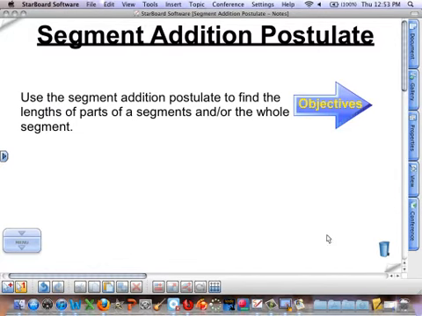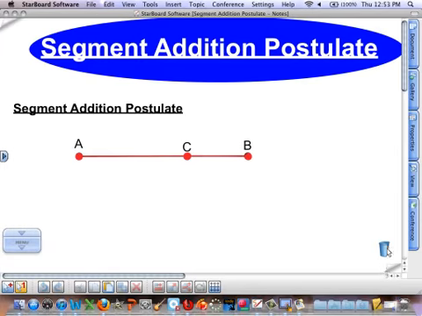Let's go ahead and take a look here at the concept behind this. And like I said, it's a very straightforward concept.